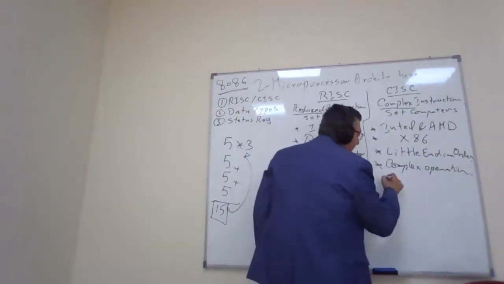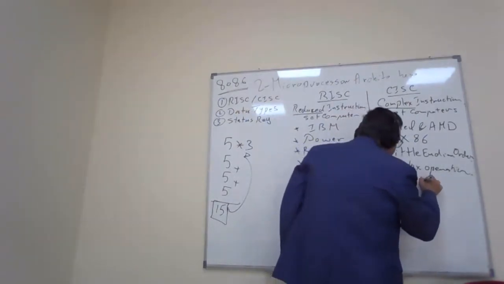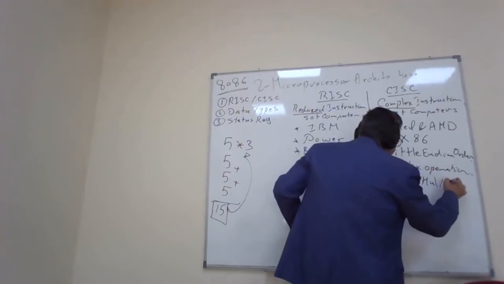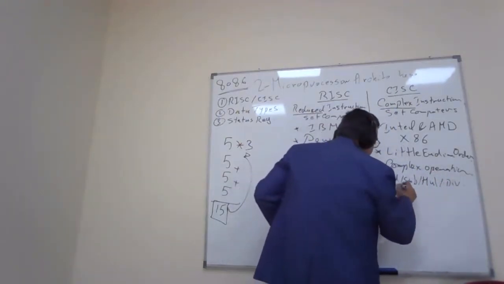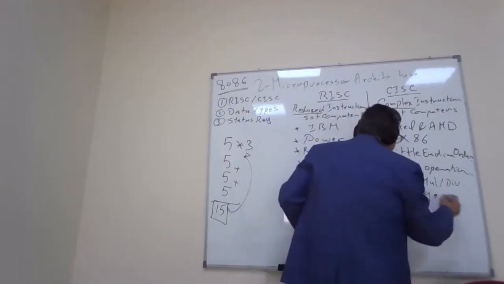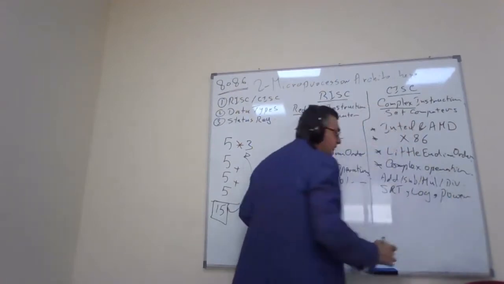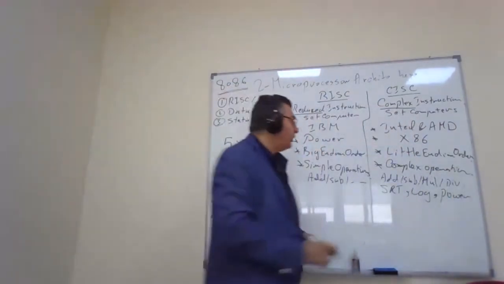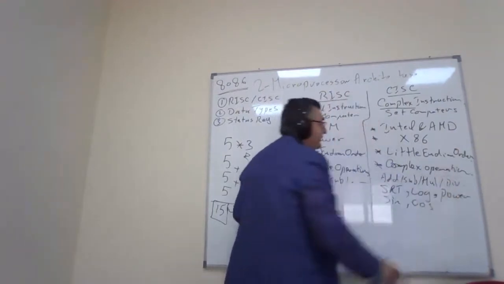That means in addition to add and sub, maybe multiply, which may exist in both, divide, I can have square roots, I can have a log, I can perform a power, I can calculate sine, cosine, something like this.